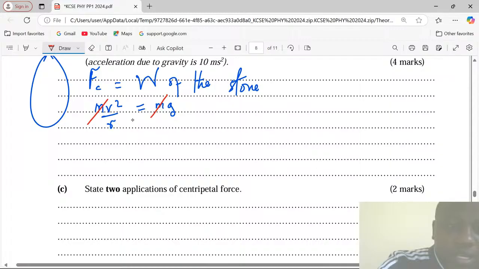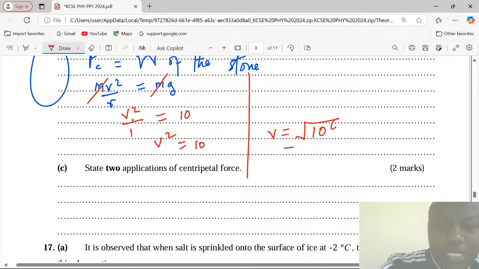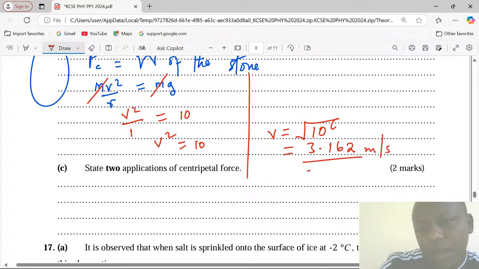So v squared out of a radius of 1 is equivalent to g. So v squared equals 10. And how do we get the value of v? By taking the square root of 10. This is going to exactly be 3.162 meters per second.